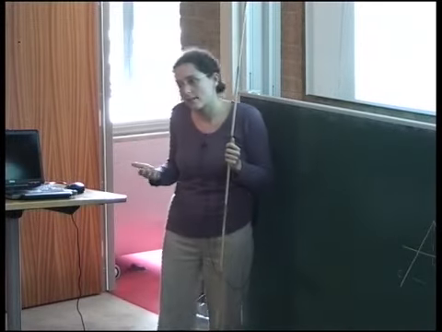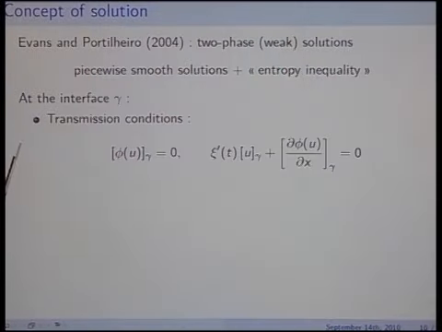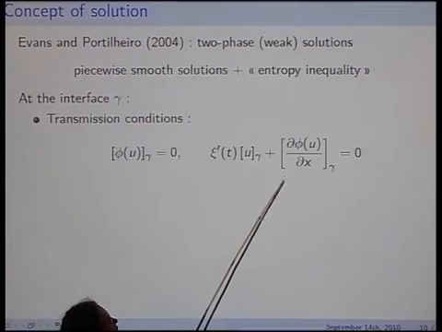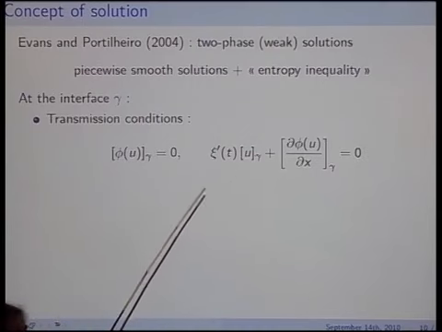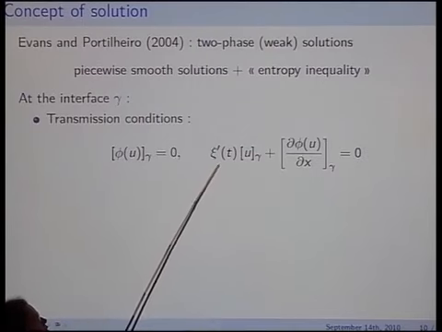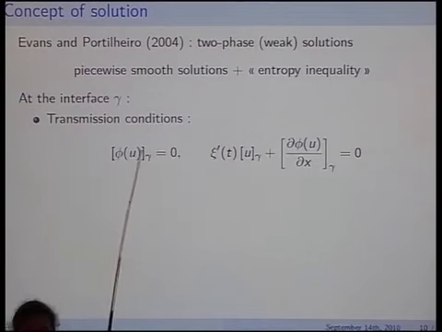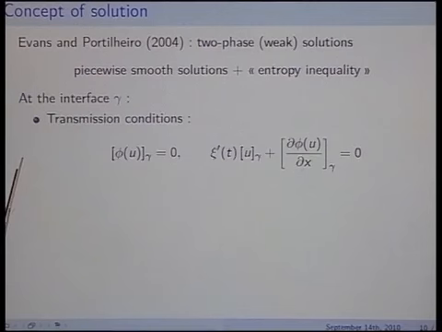At the interface gamma, you have transmission conditions, meaning that phi must coincide on the transition gamma, and also some kind of jump condition for the derivative of phi of u. It is linked with the speed of the transition of the interface.